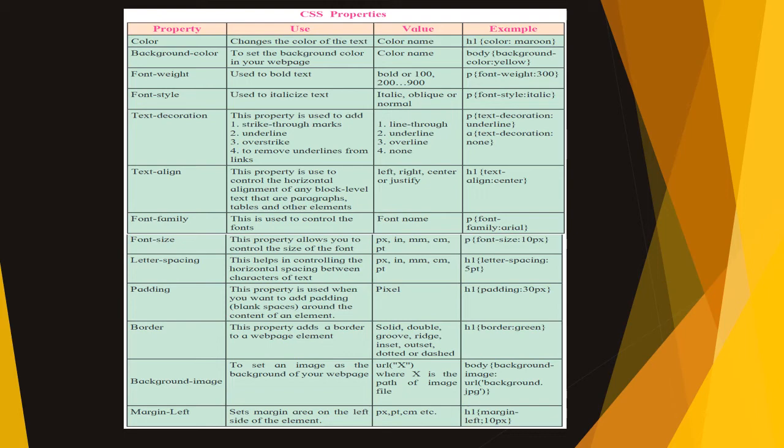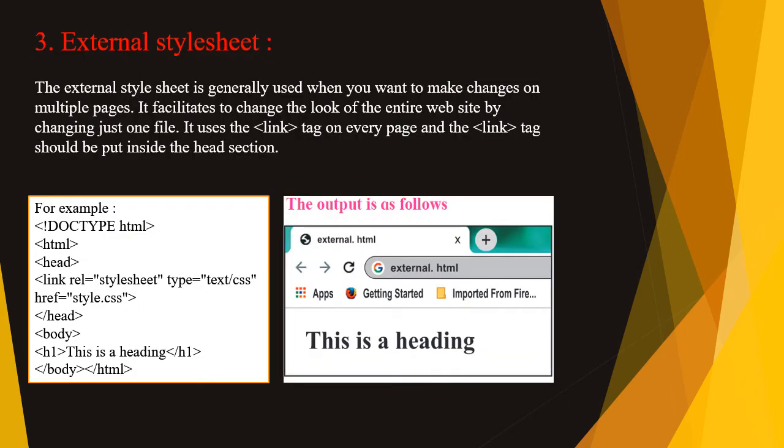This property is used to set an image as a background of your web page. And obviously we have to choose a URL here. We have to give the proper address of that particular image. Margin left. Sets margin area on the left, and also its value in point, pixel, etc.